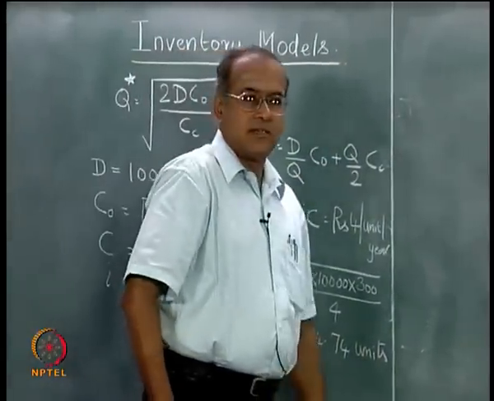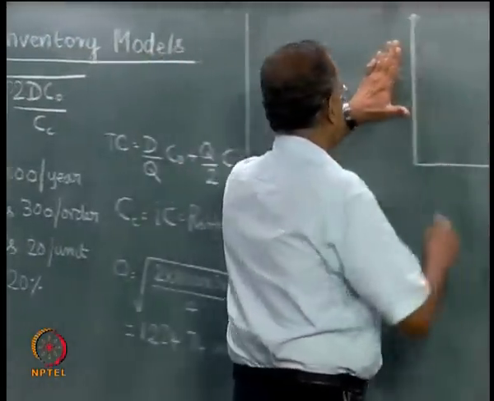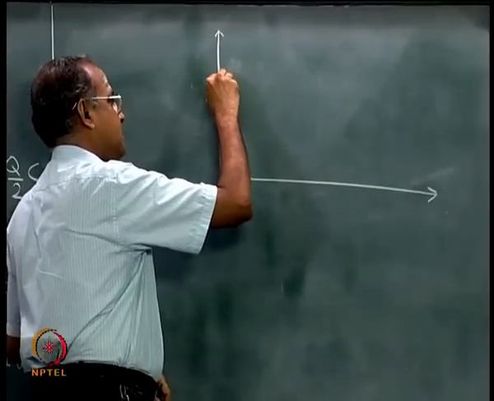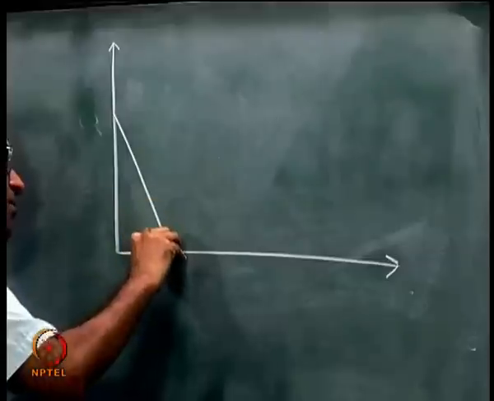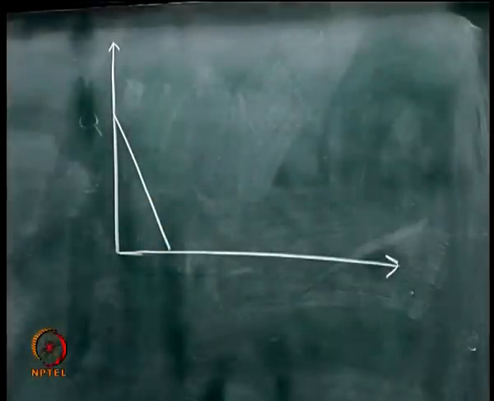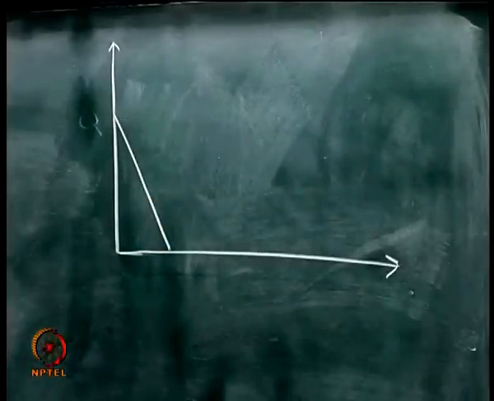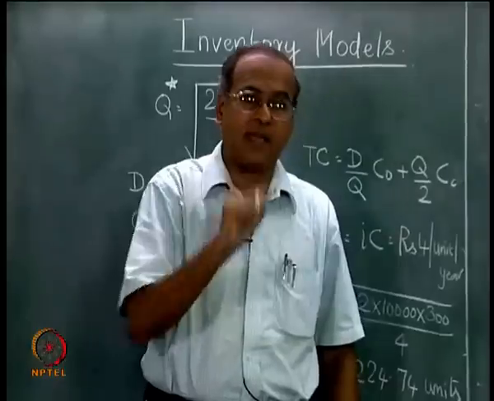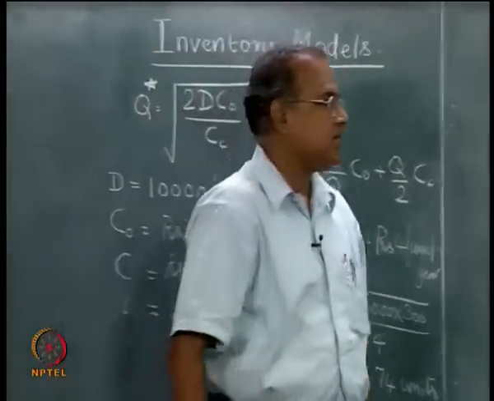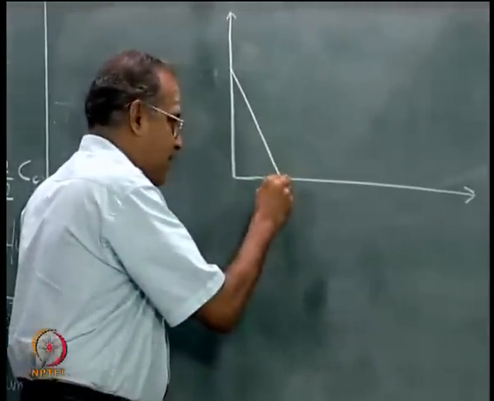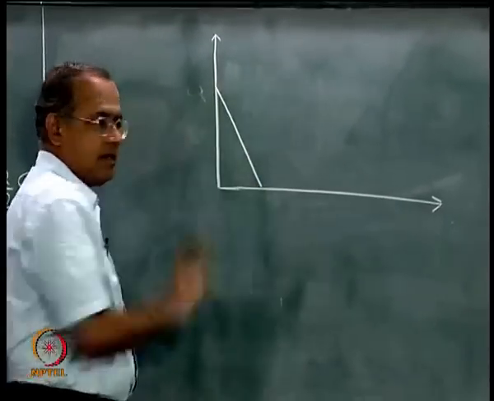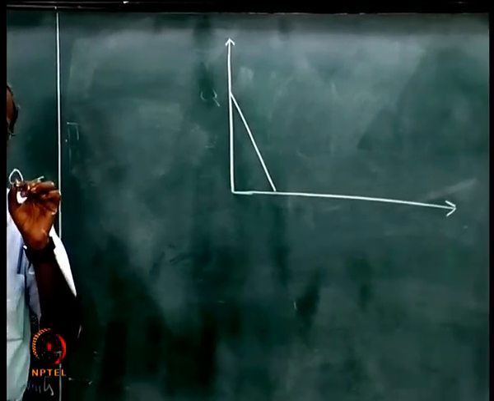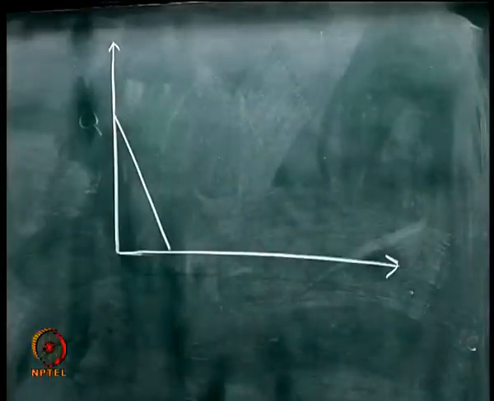So what we do now is, let us assume that we start somewhere here. We consume, we reach the point where the stock position is 0. We also assume instantaneous replenishment, which means if I place an order here, I am going to get it immediately, which is what we did in the earlier model. Now we are going to allow a little bit of back ordering.